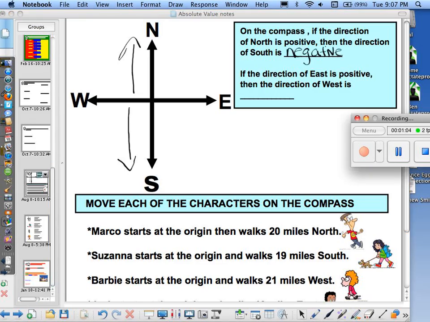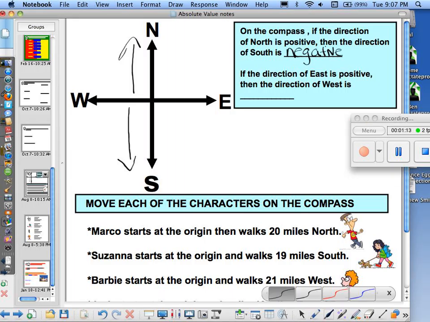So south is going down, so south means a negative direction. So if the direction of east is positive, so on the number line as you move to the right, it's in a positive direction. So then what do you think the direction of west is going to be?